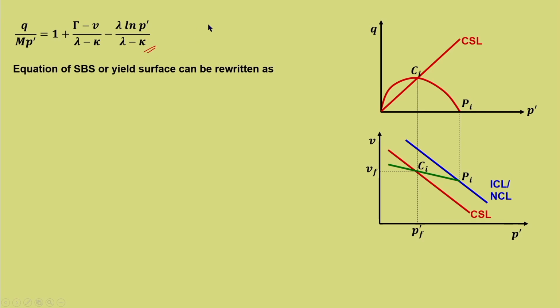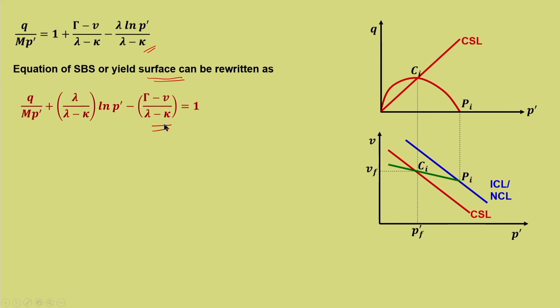So equation of state boundary surface in terms of all the critical state parameters can be rewritten as Q upon M P dash, this comes on the left hand side, lambda upon lambda minus kappa ln P dash minus gamma minus V upon lambda minus kappa equal to 1.